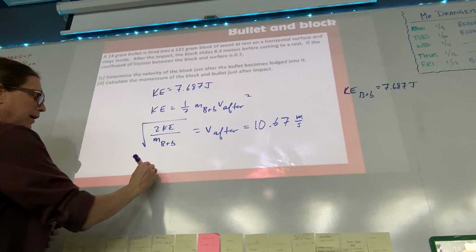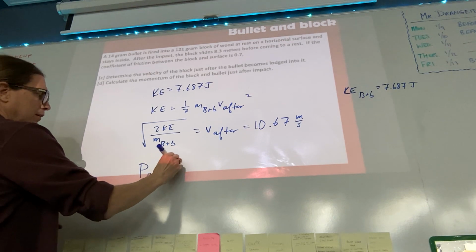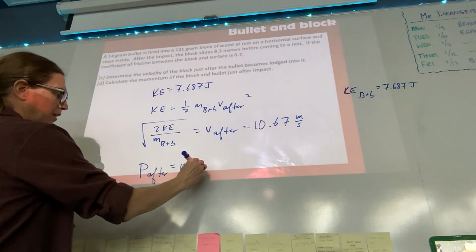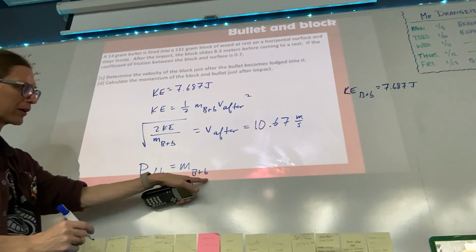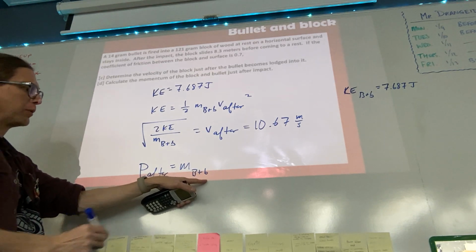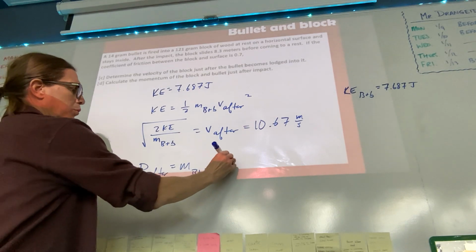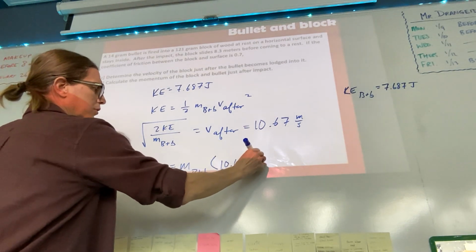The next question is how much momentum does everything have after the impact? Momentum after is going to be the total mass, because after the collision the bullet and the block are moving, multiplied by how fast they're going, 10.67 meters per second.